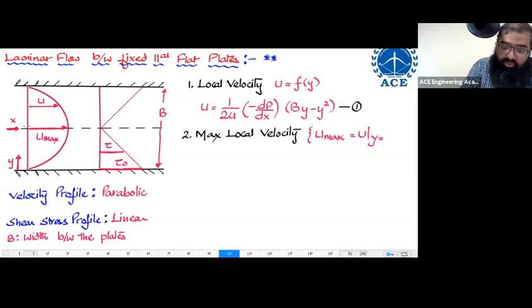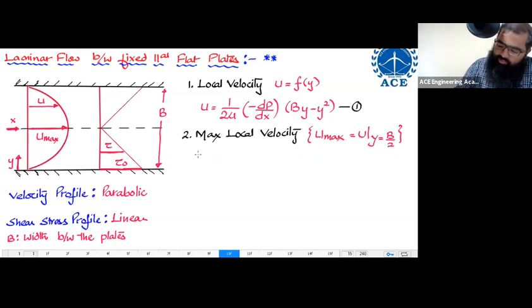Look, y is measured not from the center, y is measured from the wall. That means at y equal to exactly b by 2, you are supposed to get maximum local velocity. You can take y from the upper plate also. Never mind, that is also correct.